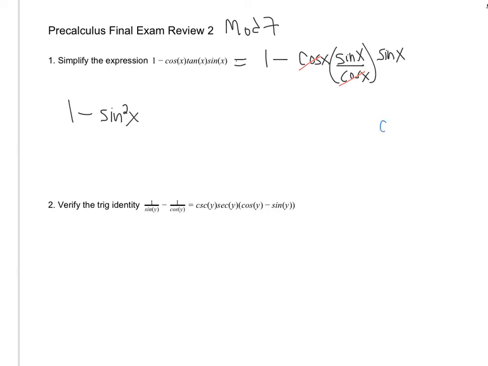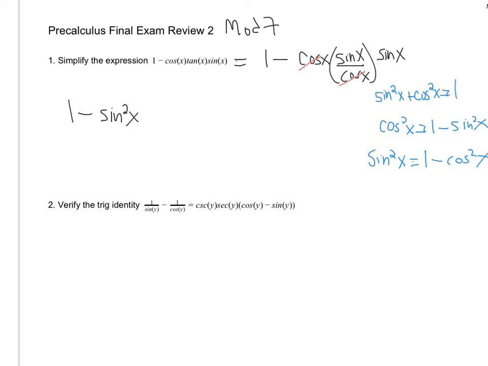Cosine squared x is 1 minus sine squared x, which we'll use in this one, and sine squared x equals 1 minus cosine squared x. These identities aren't really on your sheet, but they're just rewrites of the general Pythagorean identity, sine squared plus cosine squared equals 1.